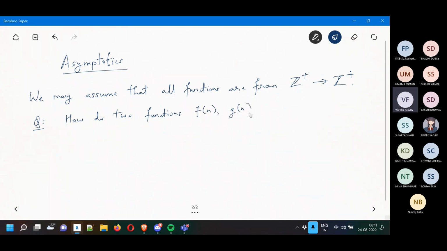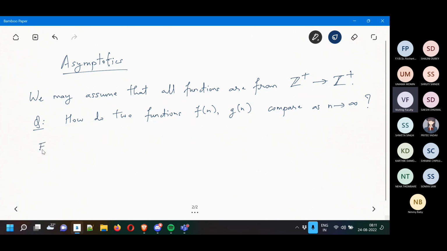They are functions f and g, but in this course, we will make it less rigorous. We will just denote it as f of n and g of n, where n is your variable. So how do two functions f of n and g of n compare as n tends to infinity? That's the basic question.